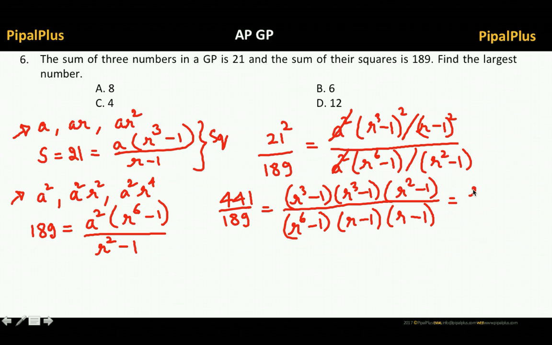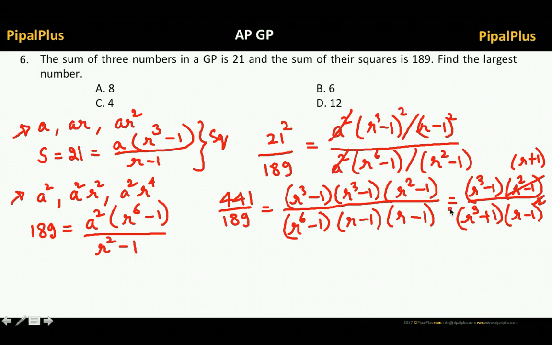So we are going to get (r cubed minus 1) into (r squared minus 1), and what we'll be left with here is (r cubed plus 1) into (r minus 1) whole squared. Alright, now we can also reduce r minus 1 from here, right? Because this is (r minus 1) into (r plus 1). So when we cancel this, we get r plus 1, right?